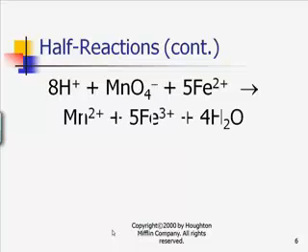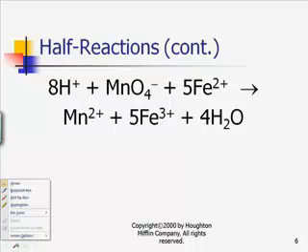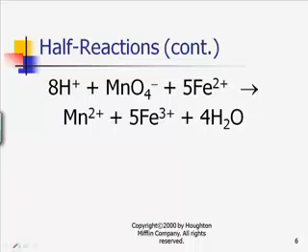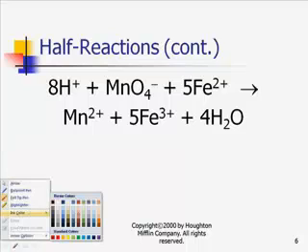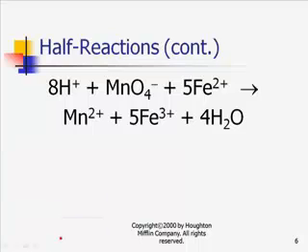Okay, so let's take a look. Here's a redox reaction, and what we want to do is look and see basically what's being oxidized and what's being reduced so that we can break that into half reactions.